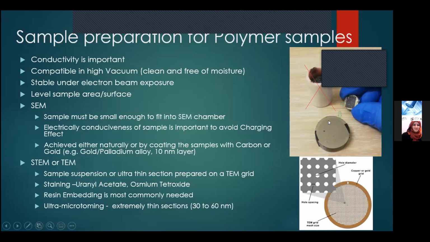The next one is STEM or TEM sample preparation. Sample suspensions are usually necessary. If you have a nanoparticle solution, then the best way of imaging them is by dropping them on a grid. Usually some sort of staining is necessary, for background staining or just to stain your sample itself.